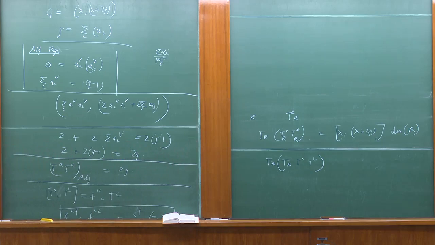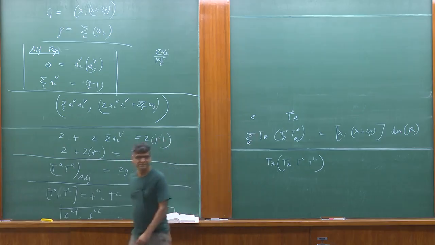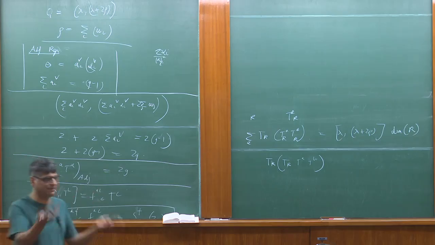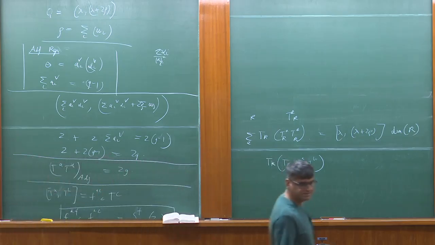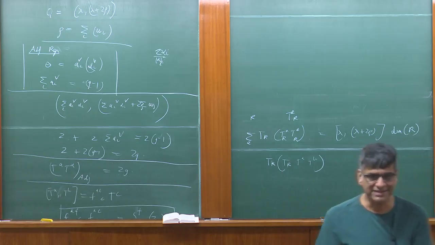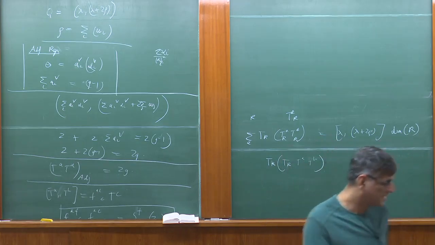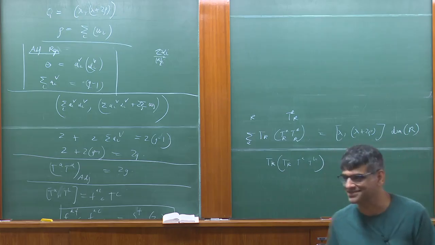Not A and B summed, this guy was summed over A. This is just the trace in representation R of T^A T^B, where A and B are different. Well, this is a group invariant pairing of generators, and we know that's unique in this group up to overall normalization.